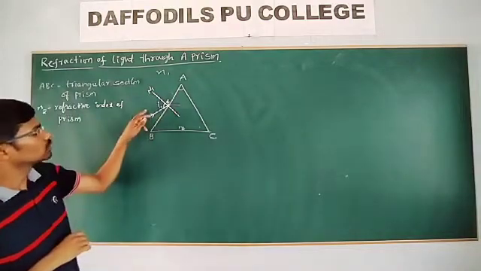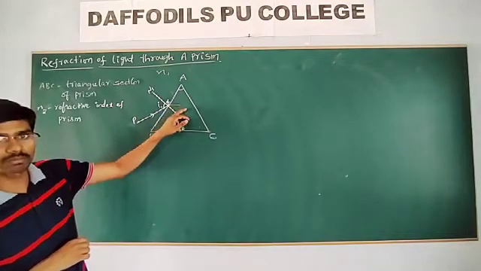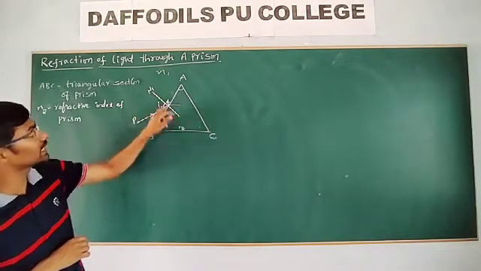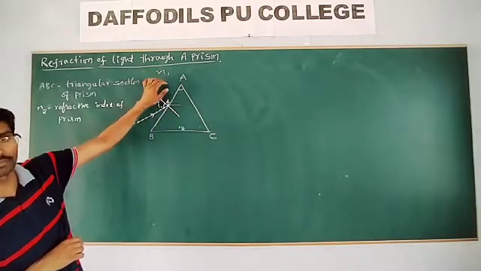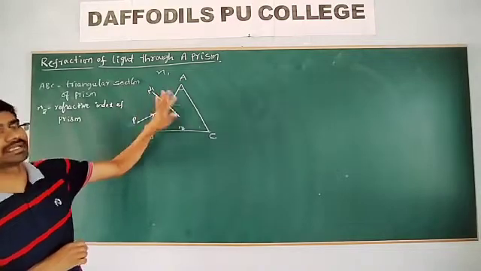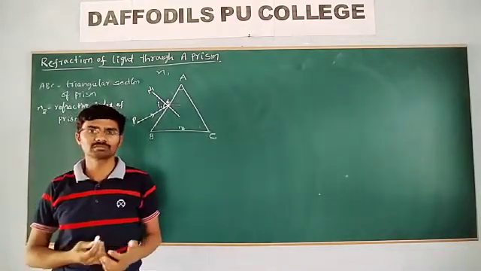Why? Now the ray is passing from the rarer medium to the denser medium, where n2, the refractive index of the prism, is greater than the refractive index of the surrounding medium. You know very well these are the basic concepts of refraction.